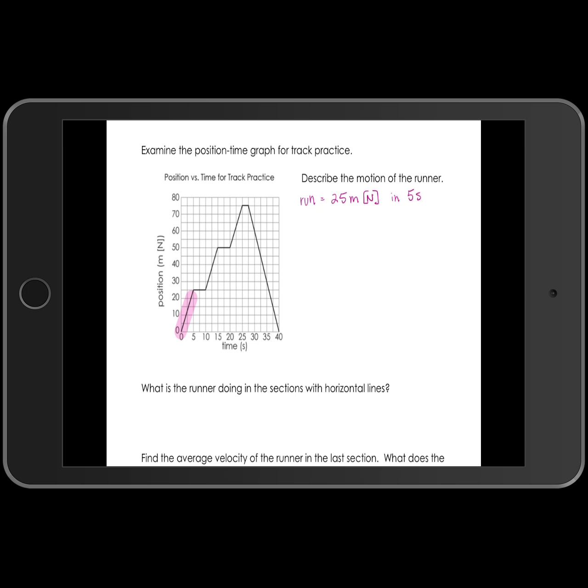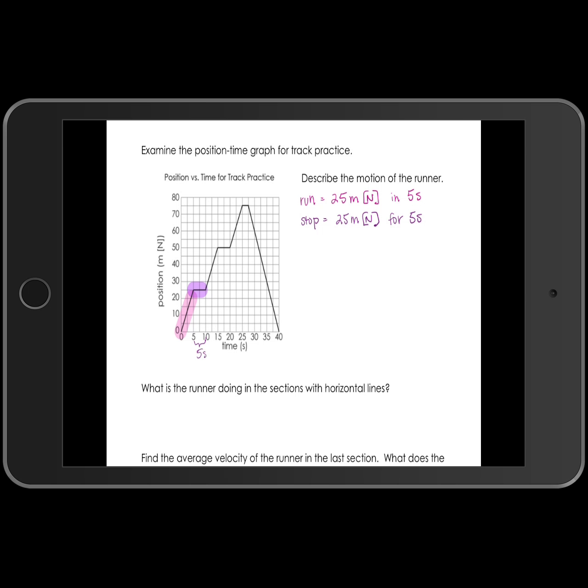For the next part here, they are going to remain stopped at position 25 meters north of the starting line, and they're going to be there for 5 seconds. Because it was already at 5 seconds, and then we go to 10, so this interval is 5 seconds.